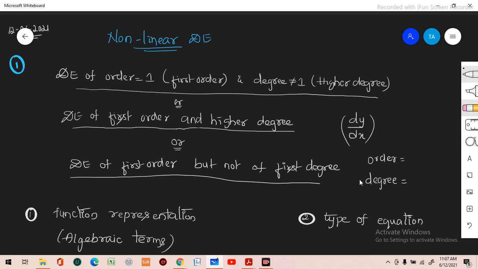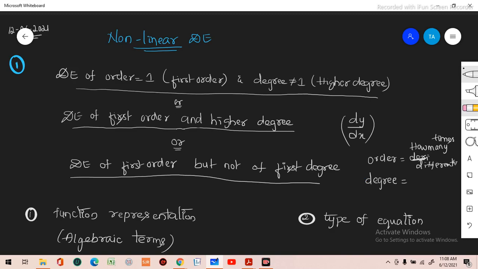Order means how many times the derivative has been taken, how many times differentiated.